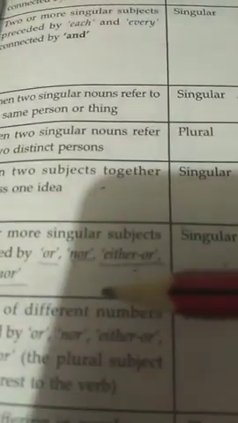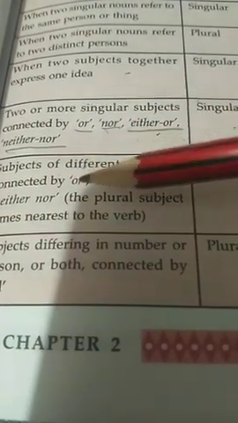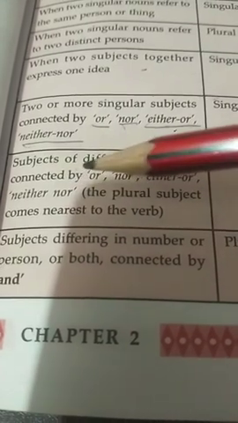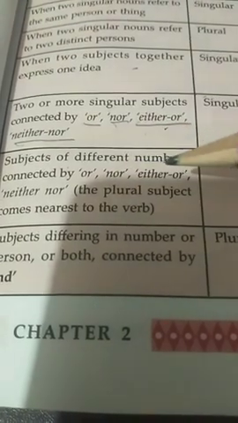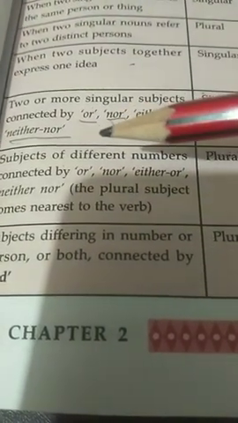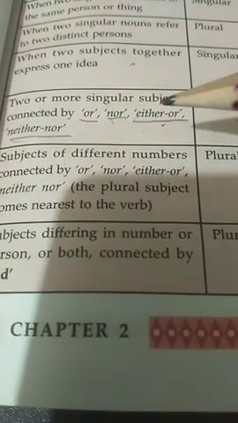Now rule number 7. Subjects of different numbers connected by or, nor, either or, neither nor. Rule number 6 was about two or more singular subjects.